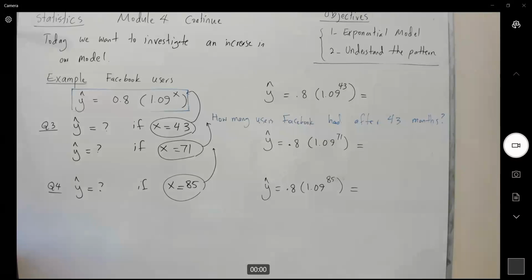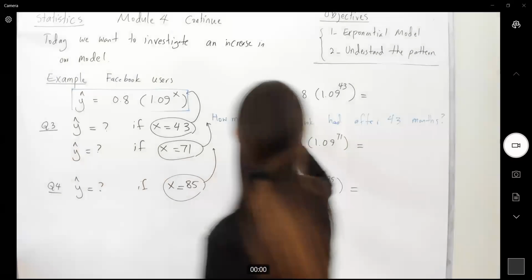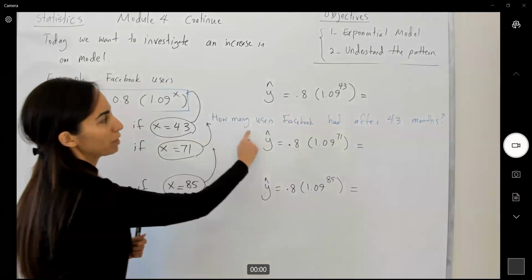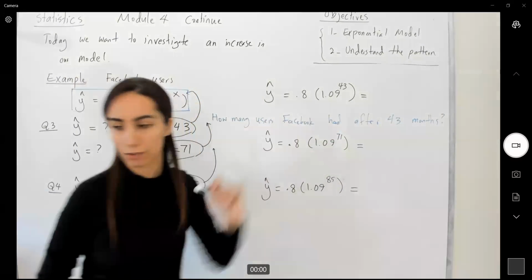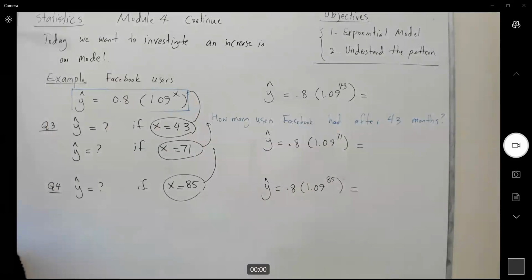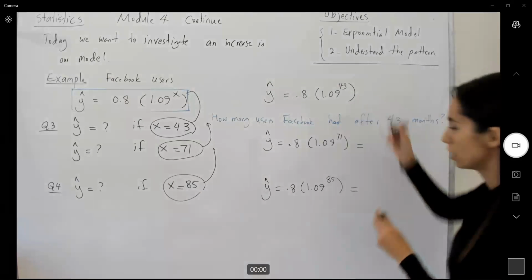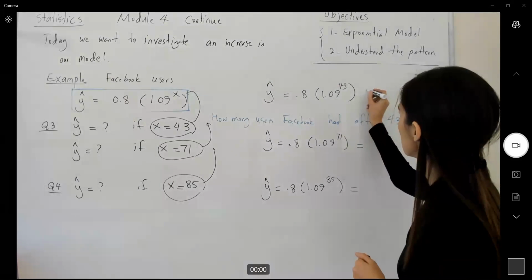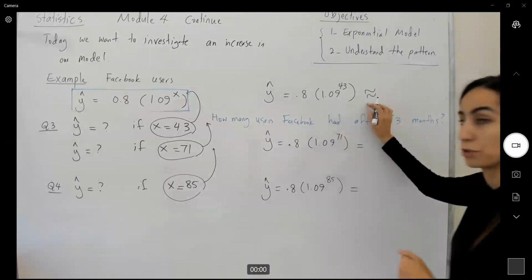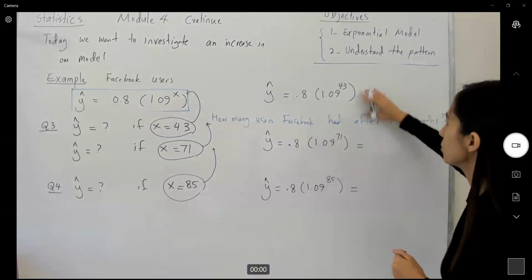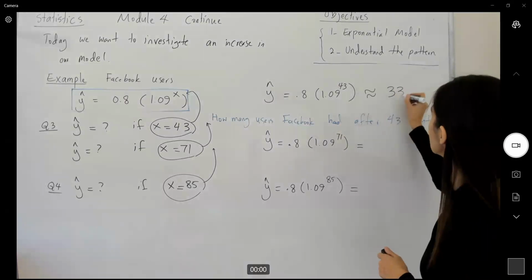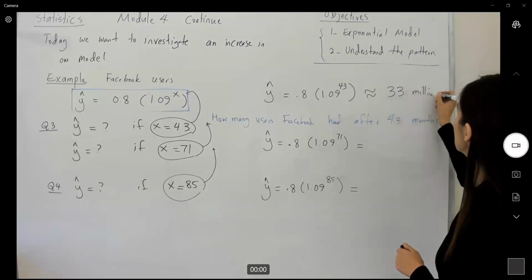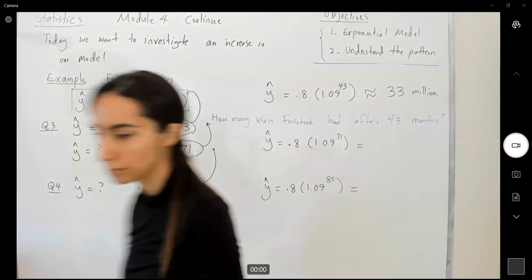By using our calculator, for y hat, how many users Facebook had after 43 months, it's going to be about 33 million. We can use the approximately-equal symbol instead of equality to show that we just approximate 33 million users.